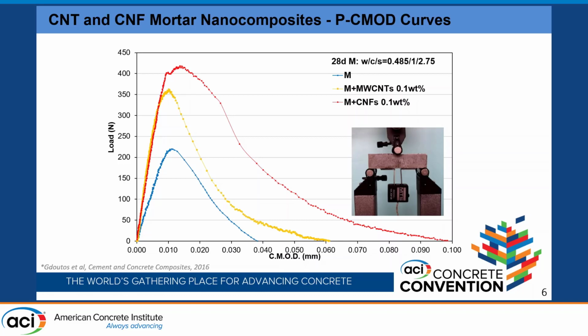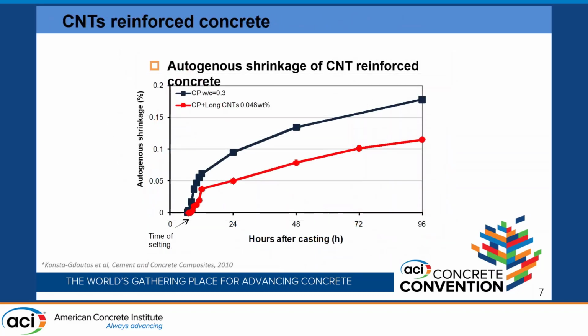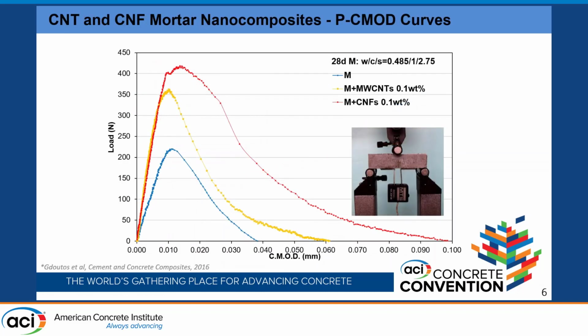So you can see we have results of unreinforced, that is without any, and with 0.1% CNT or carbon nanofiber. You can see that as far as the flexural strength, it's almost double, and also maintaining the fracture toughness, which is also important in many applications.